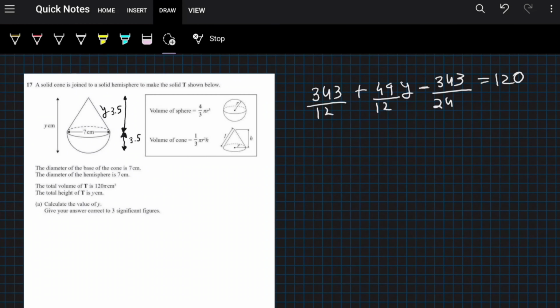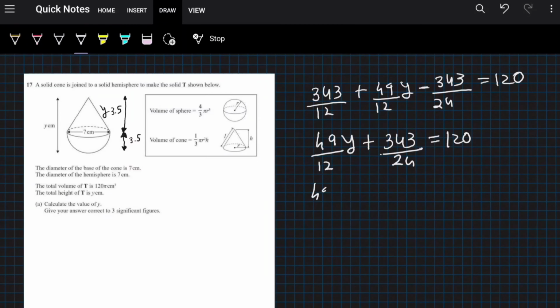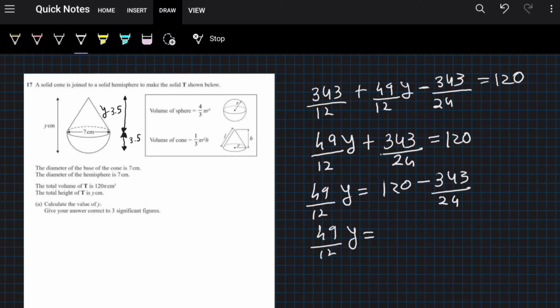So next step, add 343/12 minus 343/24, so we get 49/12 y plus 343/24 equals 120. We subtract from both sides, so we get 120 minus 343/24, we get 2537/24.